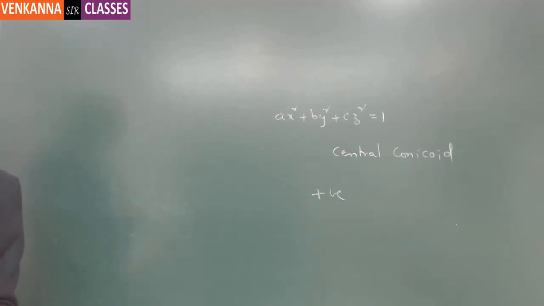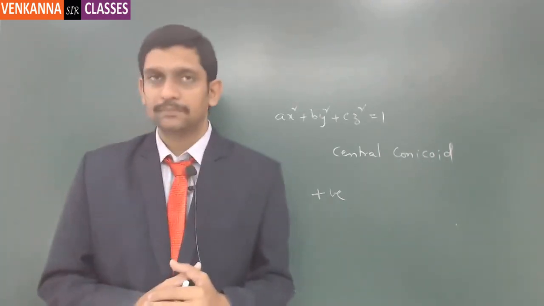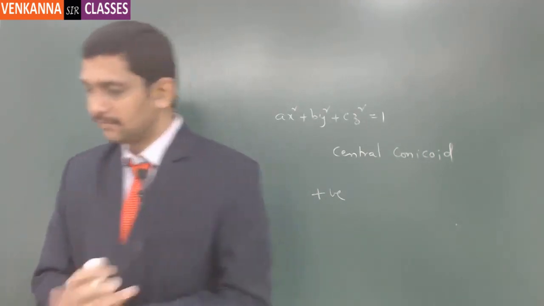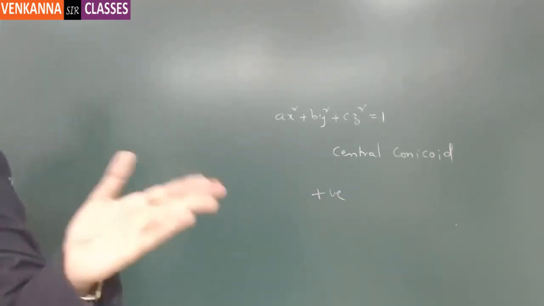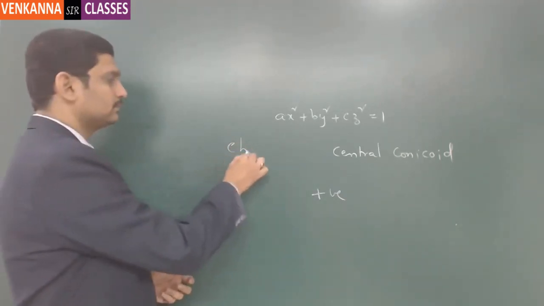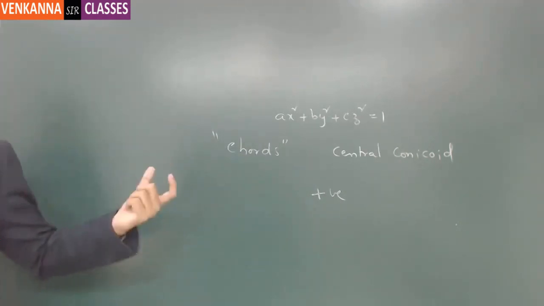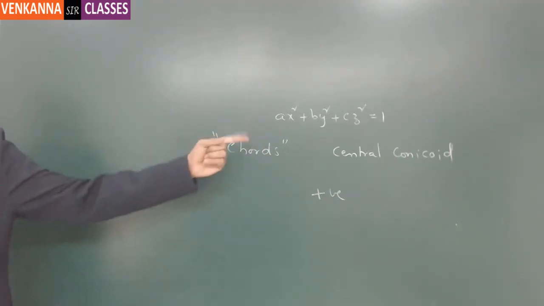Since the very word central is there, the conicoid will possess a center. Generally it is the origin. We can call it a central conicoid with the other definition that if all of its chords through the origin are bisected at the origin, so that's why we are calling it the central conicoid.